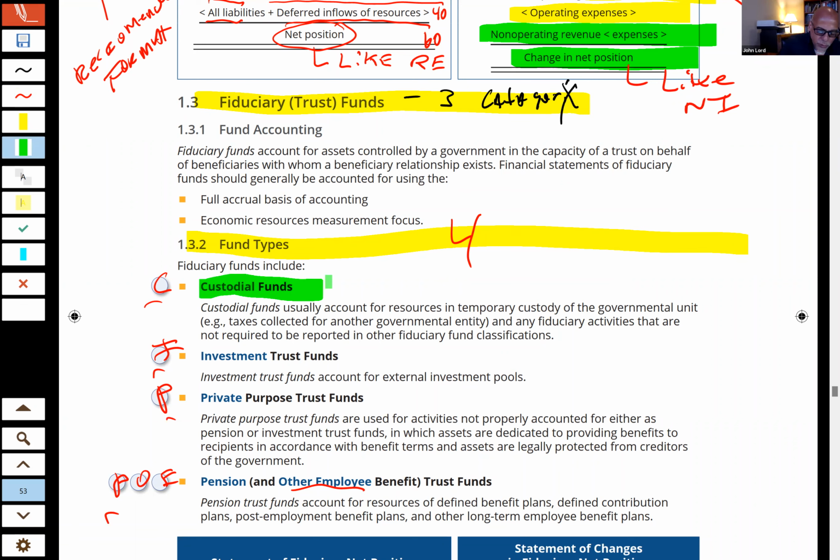Now, when we're dealing with the fiduciary funds, we use full accrual, economic resources. So think about a potential CPA exam question that's going to be very easy for you. Which of the following funds will use modified accrual accounting? The investment trust fund? No, that uses full accrual. The private purpose trust fund? No, that uses full accrual.